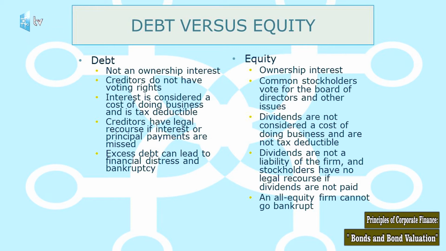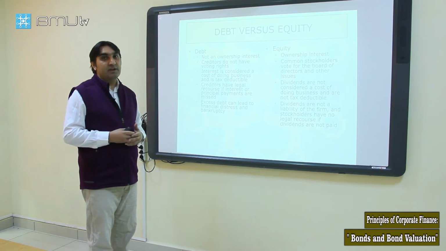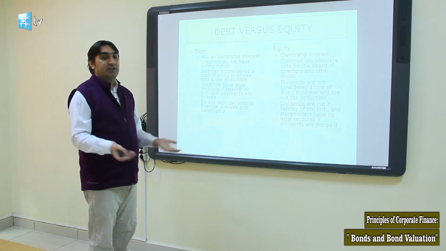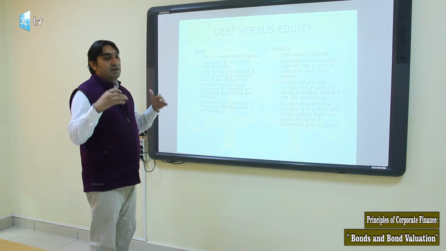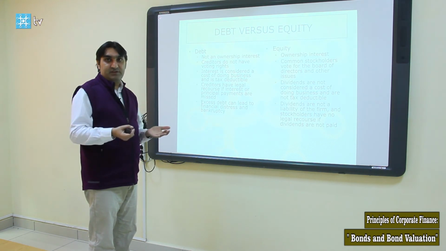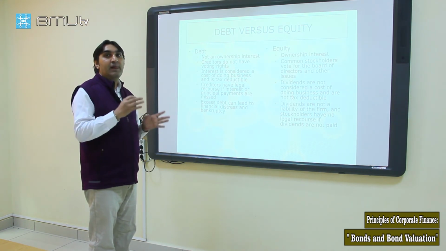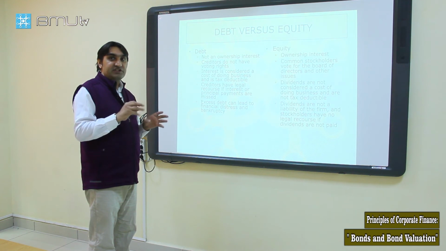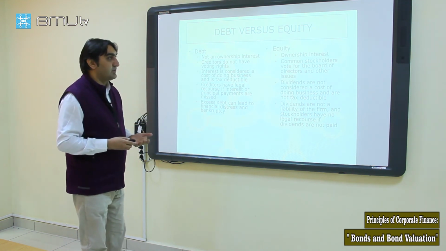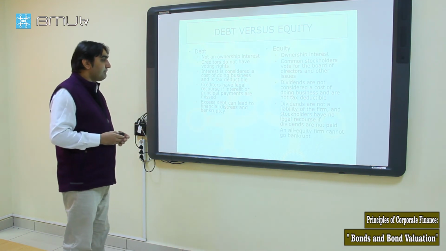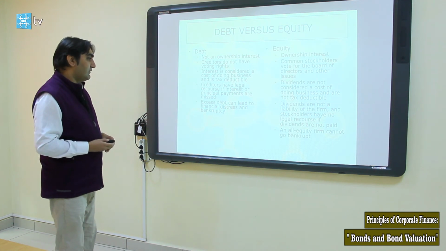Dividends are not a liability of the firm, and stockholders have no legal recourse if dividends are not paid. So the board of directors decides whether to pay out dividends or not. It is up to the general condition of the company and its future plans. The company may retain that cash for future projects and others. And an all-equity firm cannot go bankrupt.